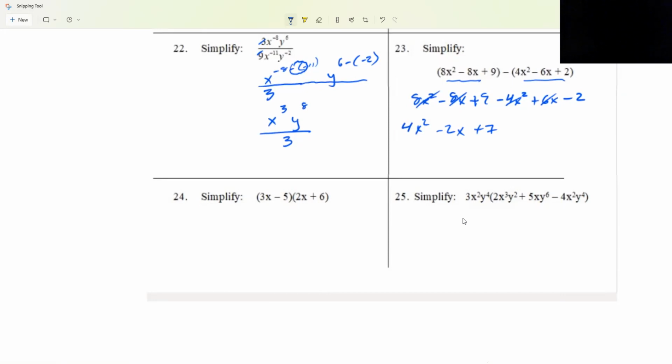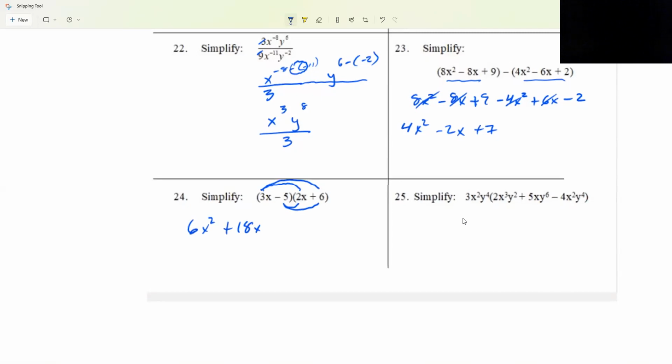24, you're going to distribute. If you want to think about it, it's FOIL, it's fine. But remember, you're just saying this first term times both of those, and then the second term times both of those. So 3x times 2x is going to be 6x squared. 3x times 6 is going to be 18x.